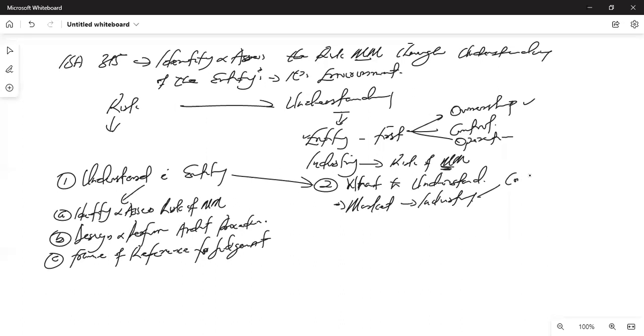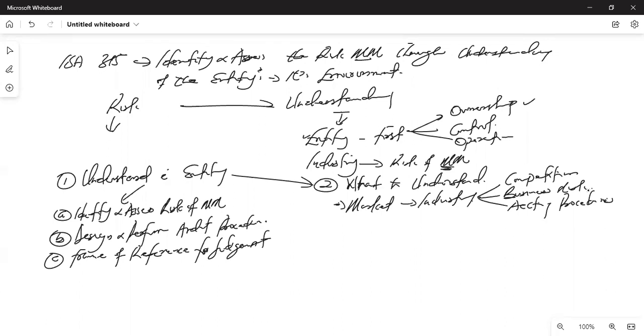You have to know the competition around, because if you don't even know the competition, you are not able to assess conflict of interest. You need to understand the business risk. You need to understand the accounting procedures, the depreciation policy applied for that industry.